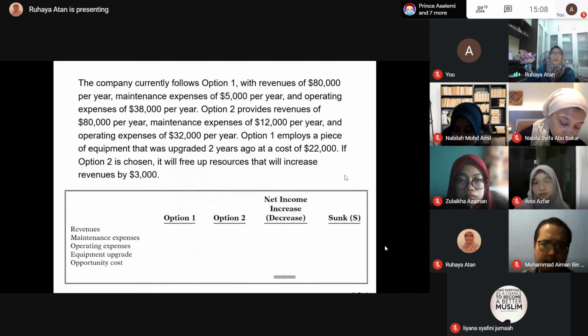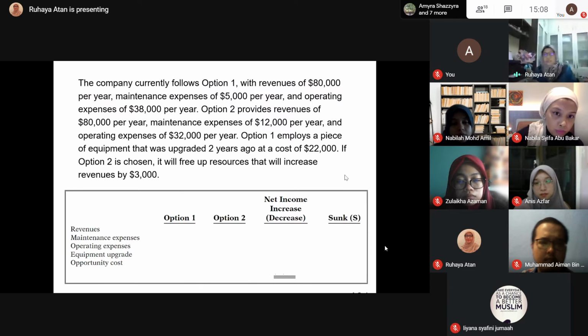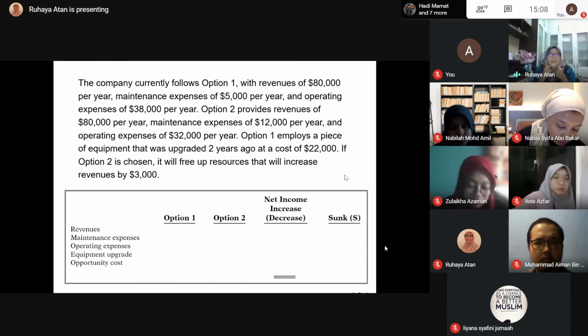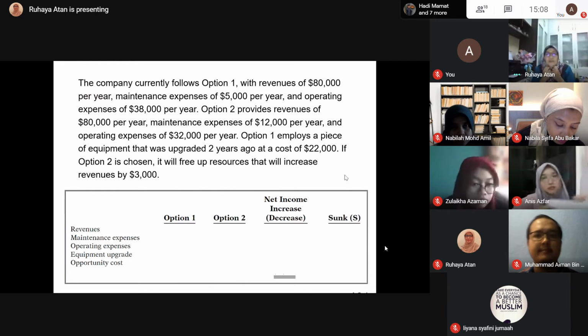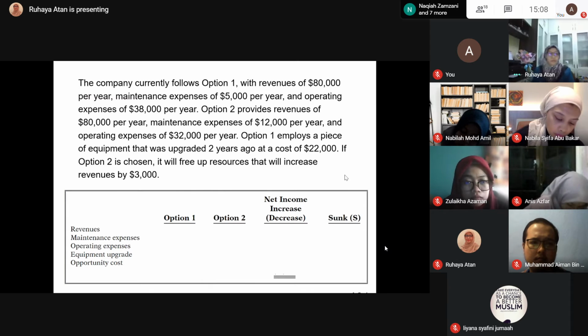Okay, have a look at this. Why don't you work out and write something so that you feel that you are doing something. All right. So the company following option 1. So you fill up the space, right? Option 1, revenue is 80,000 per year. Maintenance expense 5,000 per year. Okay, right? Option 2.